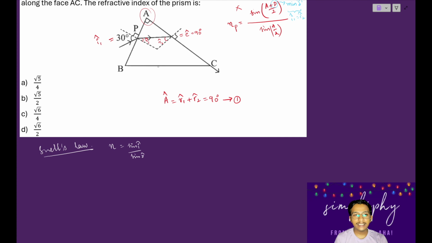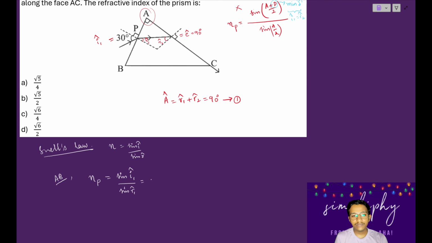Now let us apply Snell's law for the first surface AB. Let me represent the refractive index of the prism as NP. This is equal to sine of the angle of incidence I1 divided by sine of the angle of refraction R1.